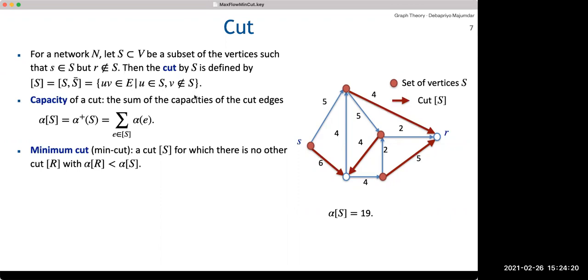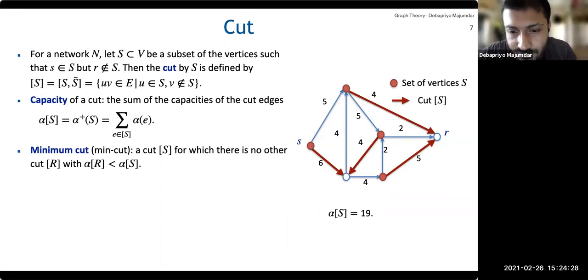Sir, why haven't we picked these two rightmost edges as a cut also? Oh, I'm sorry. We should have. Yes, we should have. That's true. Let me just correct it right now because otherwise we might forget.